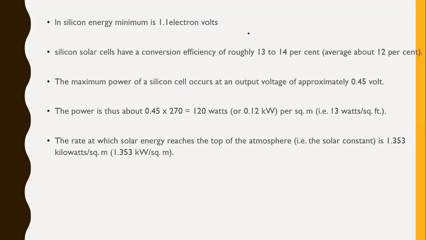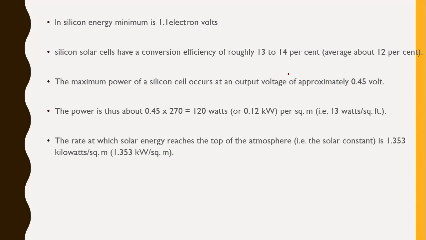Okay, and the power output is usually expressed in watts. The power output in watts of any generator of electricity, including a photovoltaic cell, is equal to the product of voltage and current.